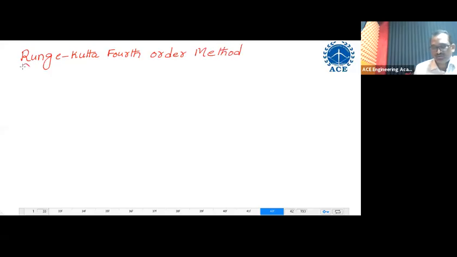I am giving the formula only, not the derivation. It is a similar type of diagram as Euler's method, but with a little difference. That's why I am directly giving the formulas.